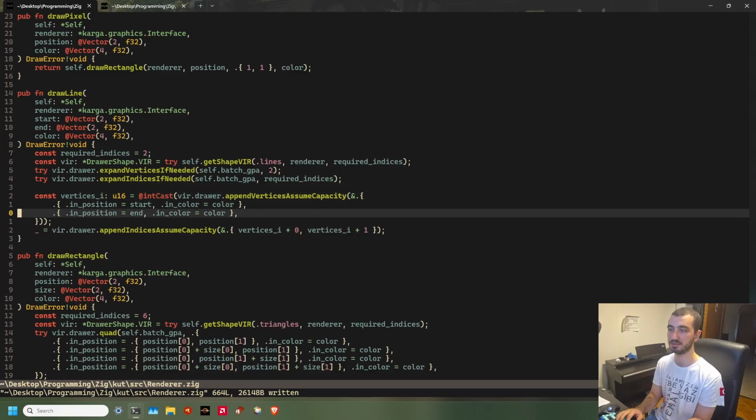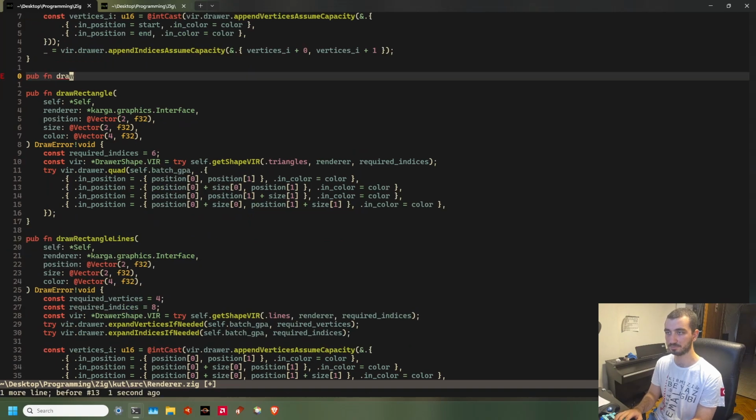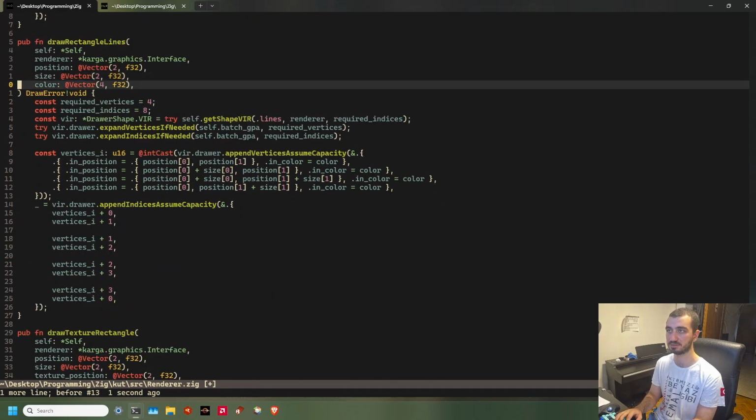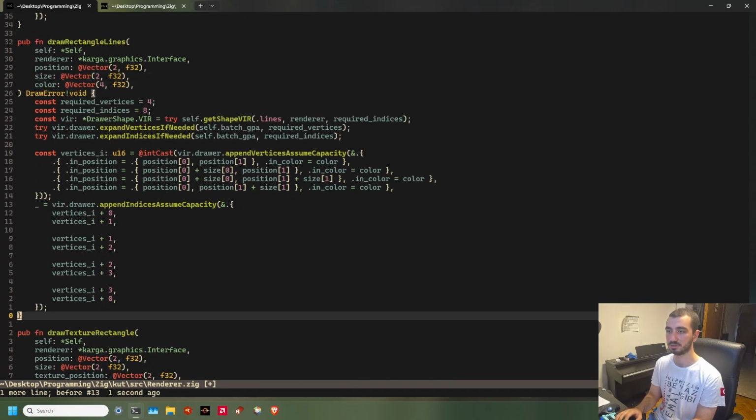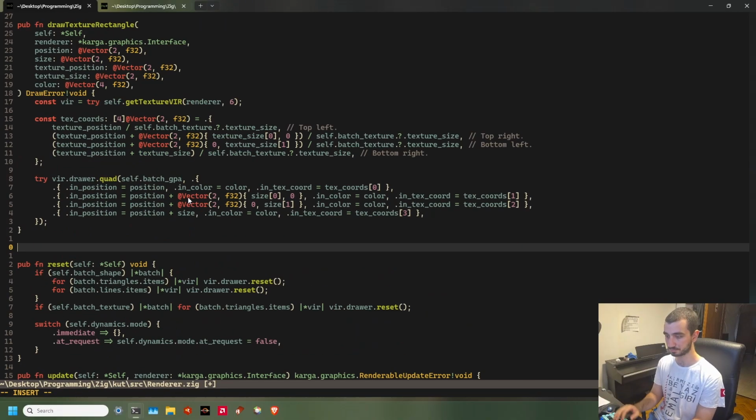This is the rectangle. We can put it in here, or we can put it after the rectangles. Okay, let's put it in here. Draw circle.